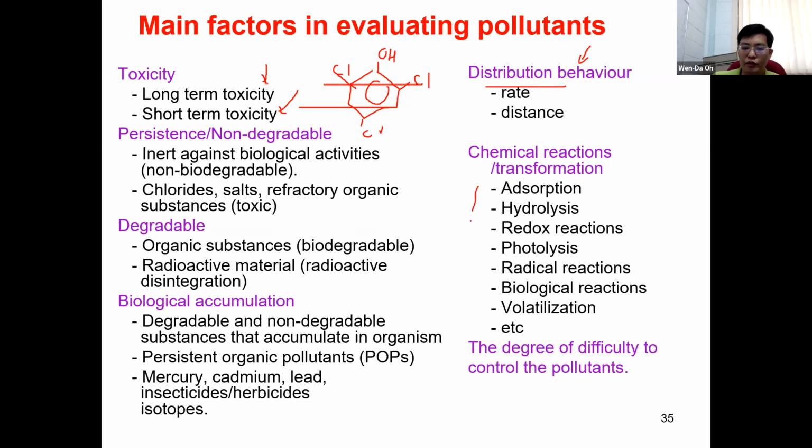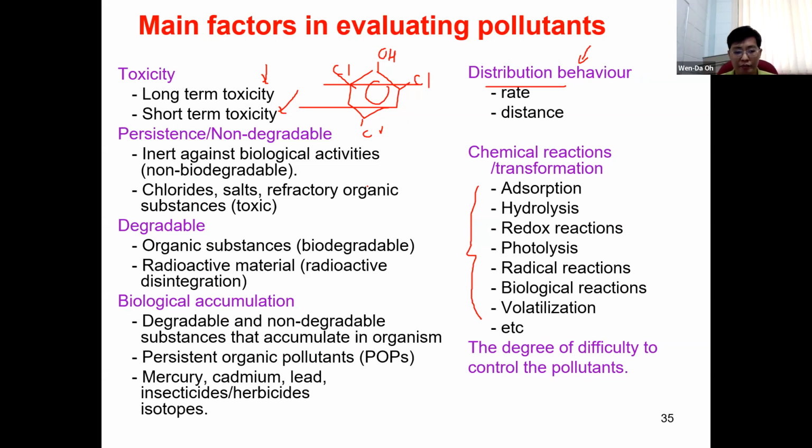This one we will cover in the transport lecture, right? And all these different kinds of factors that we look into actually determine the degree of difficulty to control that pollutant, right? So if it is persistent, it is more difficult to control compared to if it is degradable.